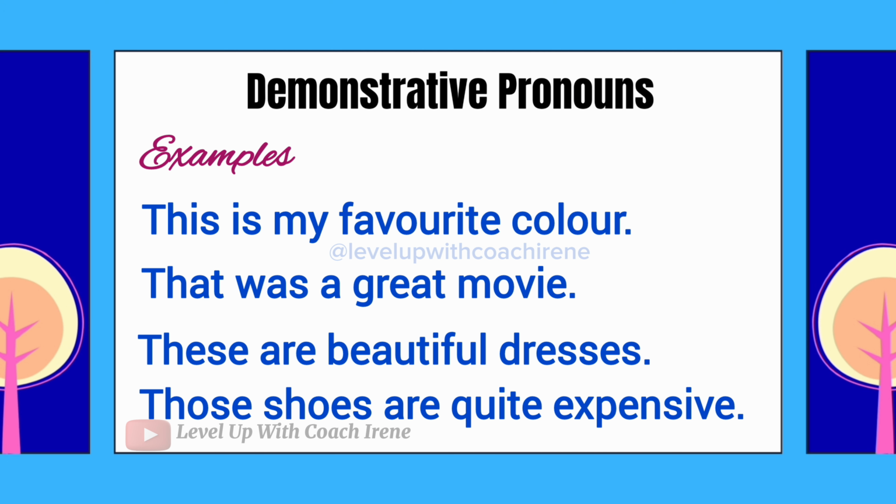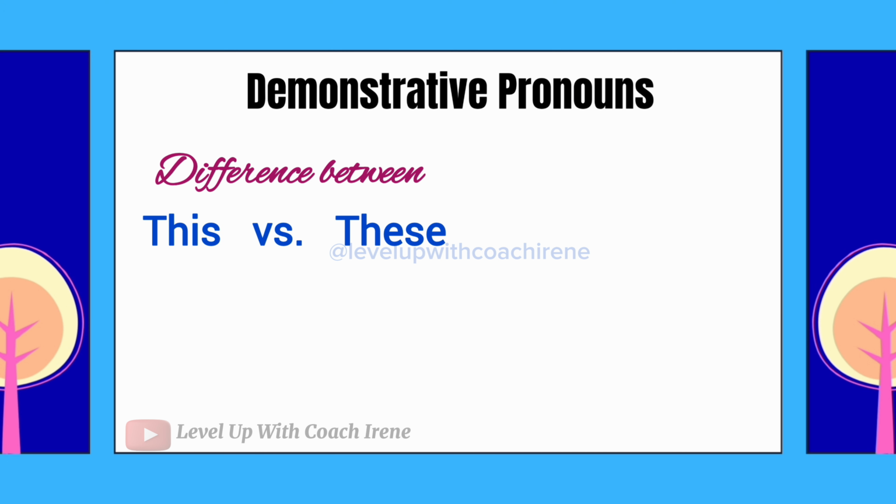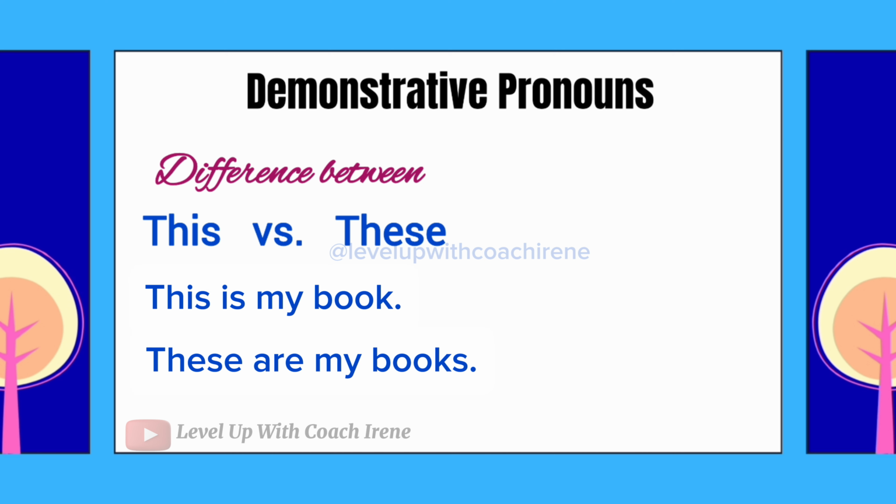Let us look at the difference between this and these. This is used for singular nouns, whilst these is used for plural nouns. Examples we have: this is my book, and these are my books. Again, let us look at the difference between that and those.